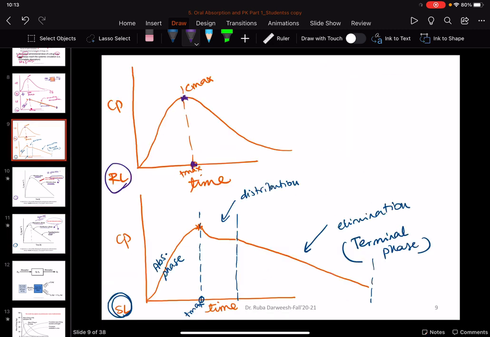Because, similar to this, this is an example of the model that will be presented by this profile. This is the first compartment, this is the second compartment.